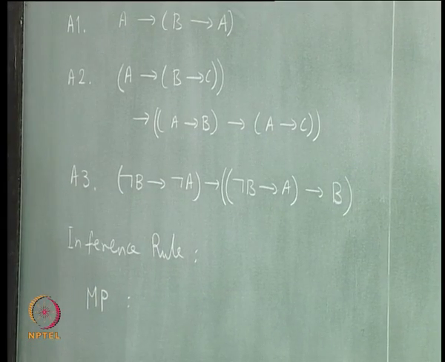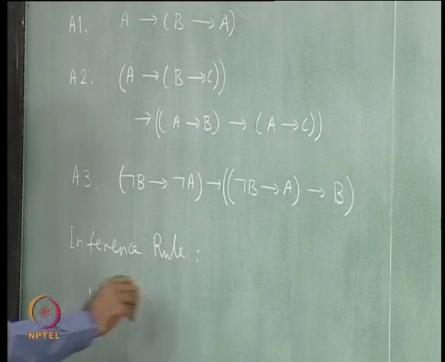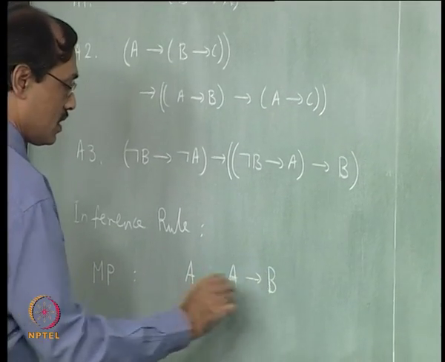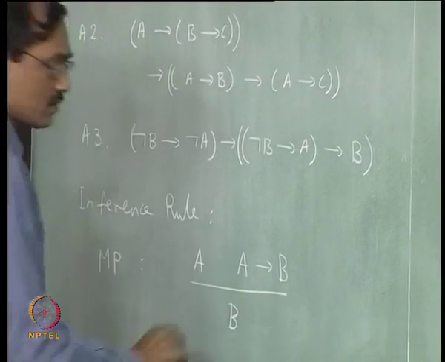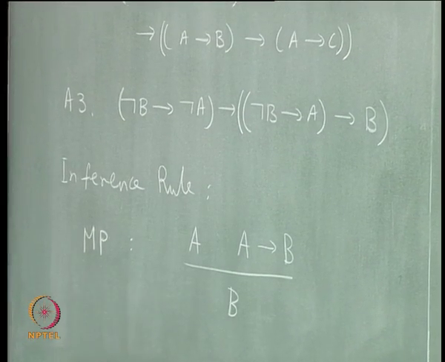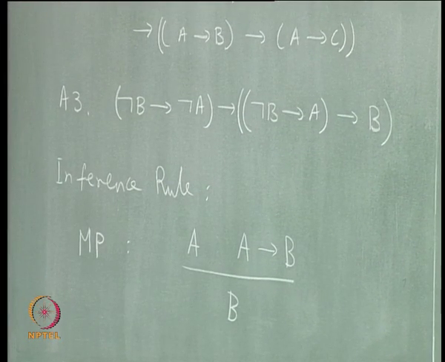MP stands for modus ponens, which says from A and A implies B, you can derive B. Now, see, we are not using the entailment sign even, because we do not want to go back to the semantics here.